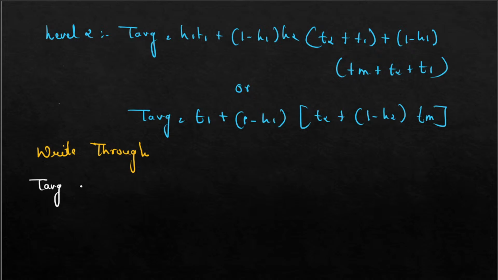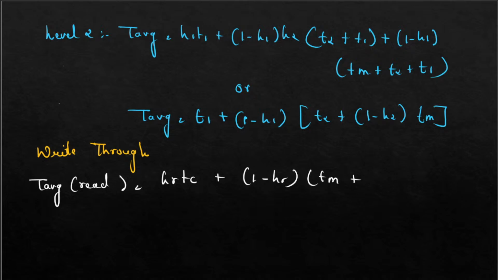T average of read is HR TC plus 1 minus HR plus TM plus TC, so this HR is read hit, this TC is read data.